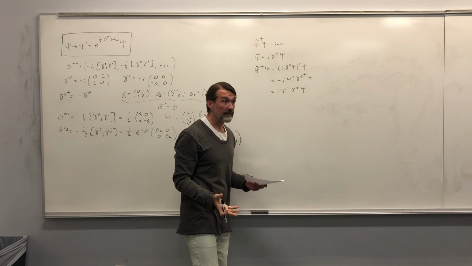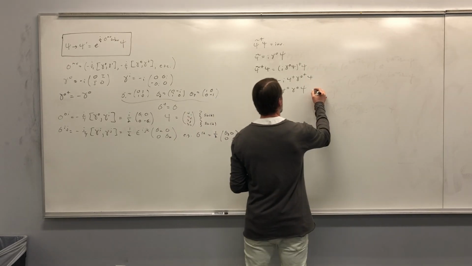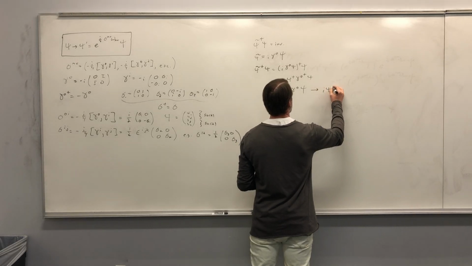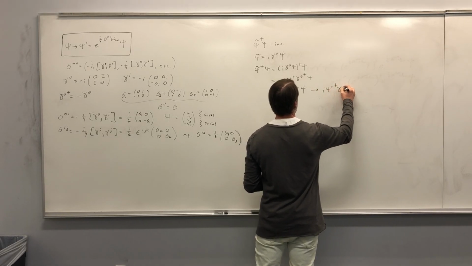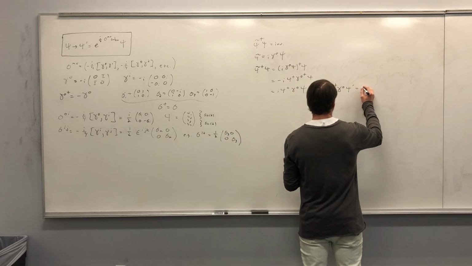Now we're going to transform it and ask, do I get the same thing that I started with back? So now we want to send this to i psi prime dagger gamma 0 psi prime. And now we can use the transformations.